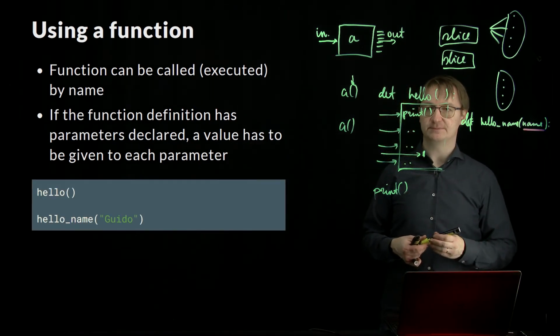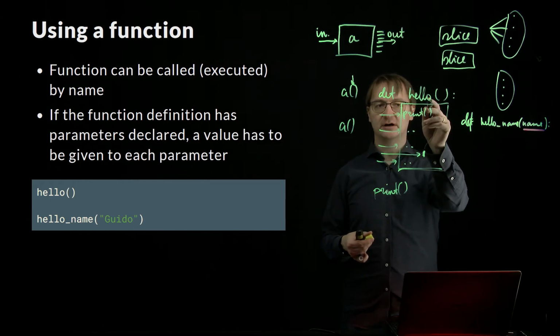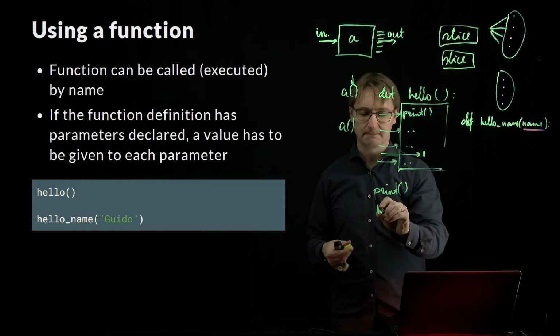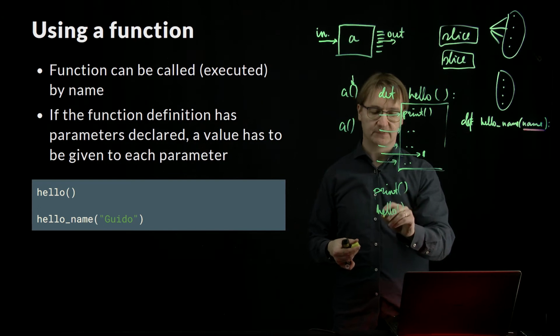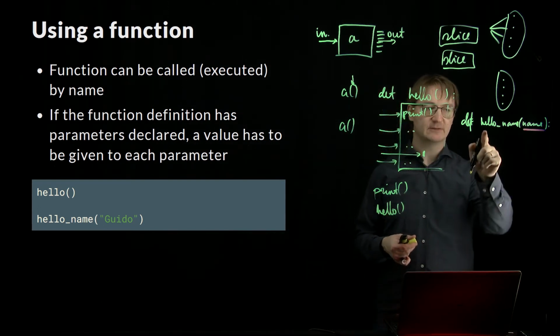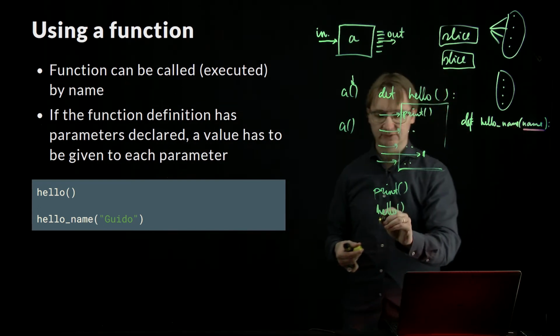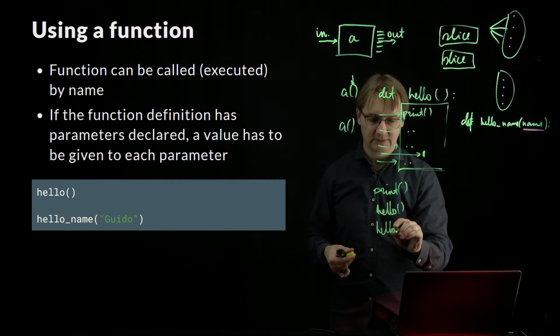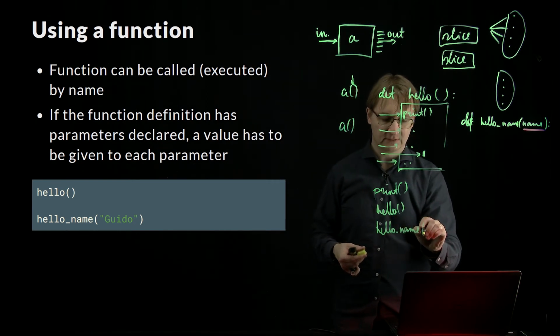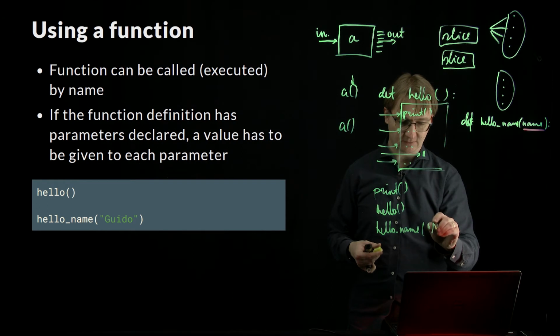So here are 2 examples. If I want to call this function, I can just write hello, and no values here. But if I want to call the function with a parameter, I have to add the value here. Let's say it's Ago.